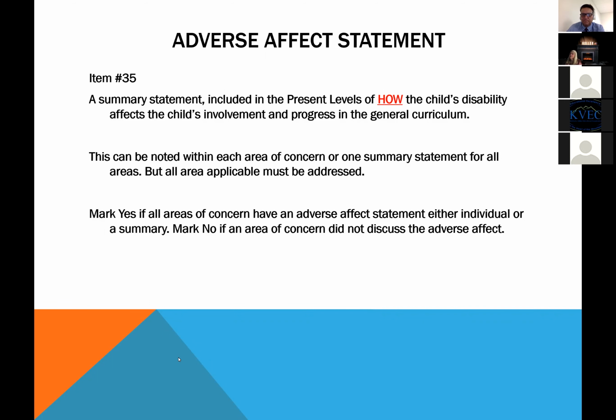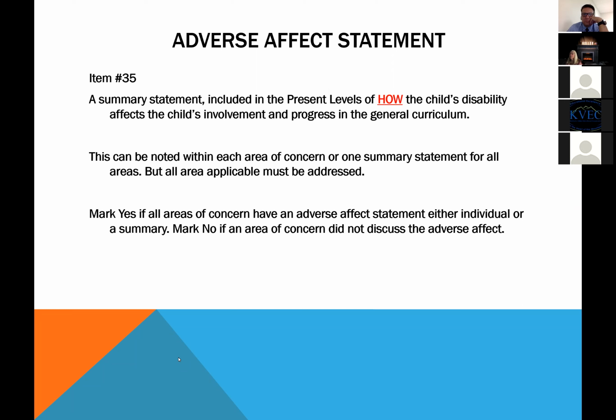So we have to make sure that we're talking about how the child's disability affects the child's involvement and progress in the general curriculum. We want to know how, not just state that it affects a child in math. You have to say why, what barriers are there? Talk about, like he said, those barriers. We need to know about the barriers.